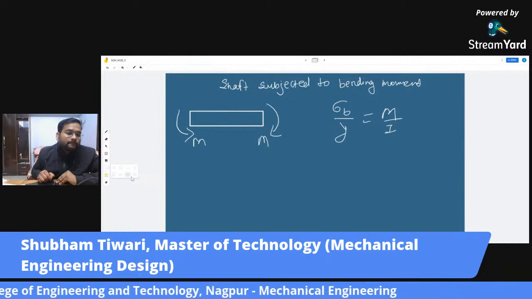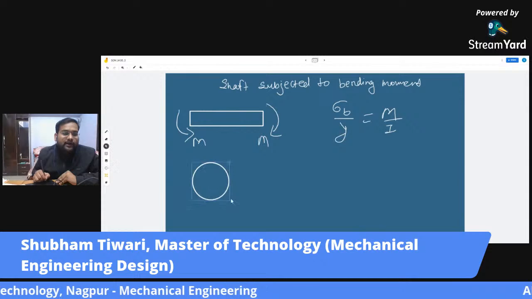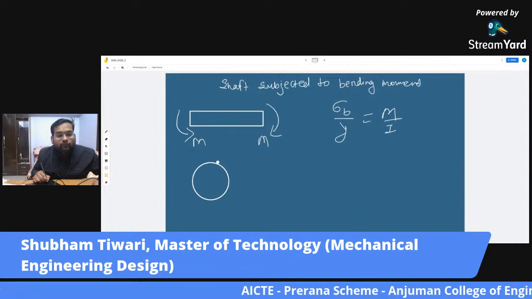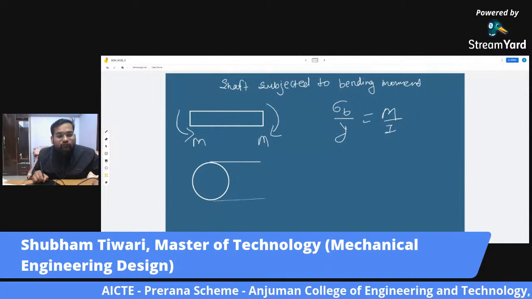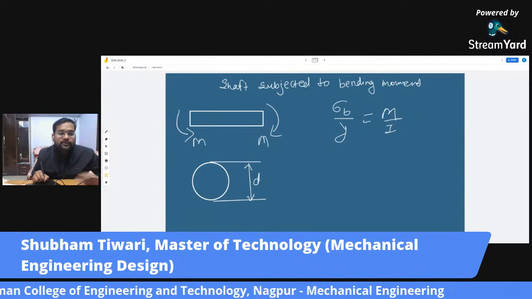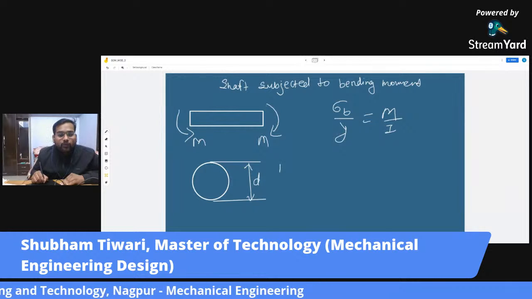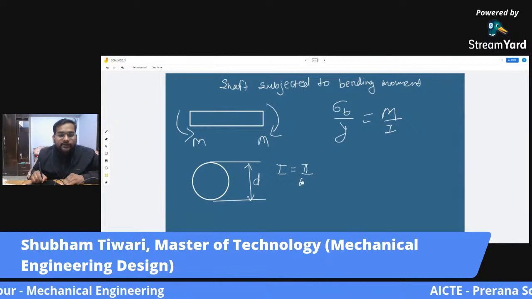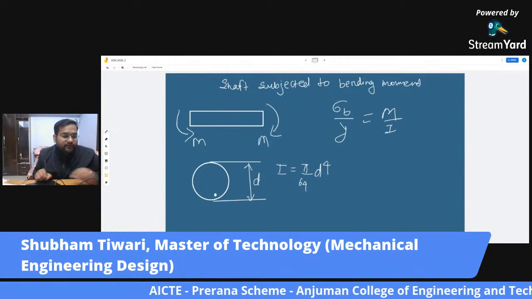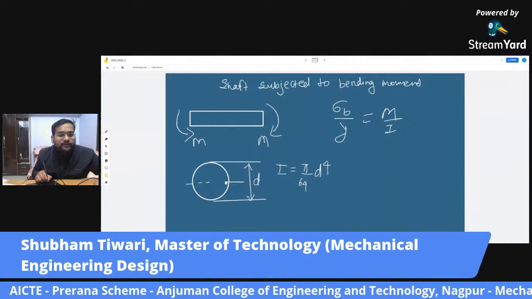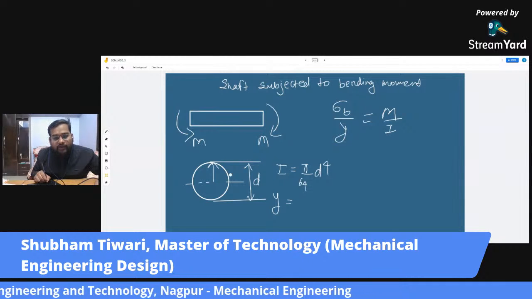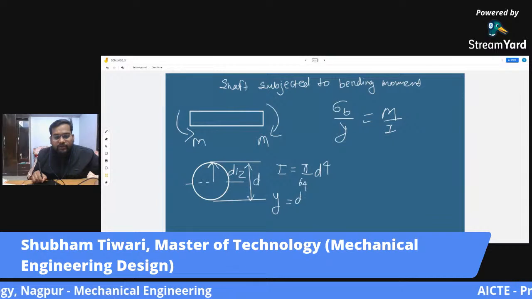So for a circular shaft with diameter d, the moment of inertia is pi by 64 d to the power 4, and y, the maximum distance from the neutral axis, will be d by 2.